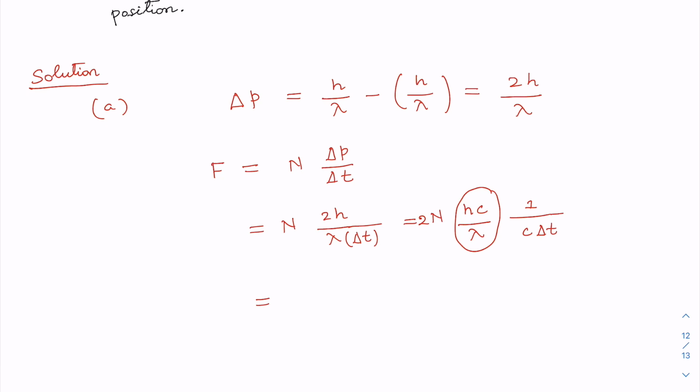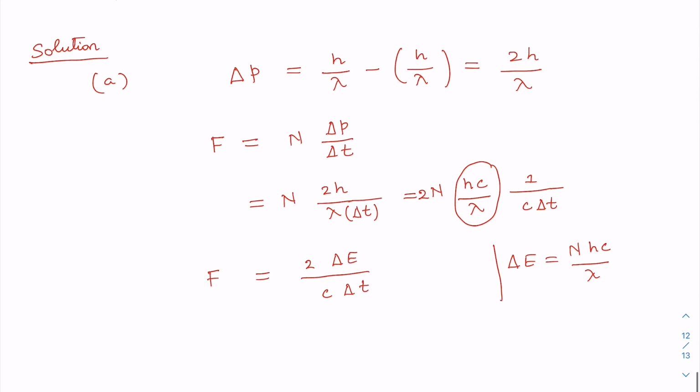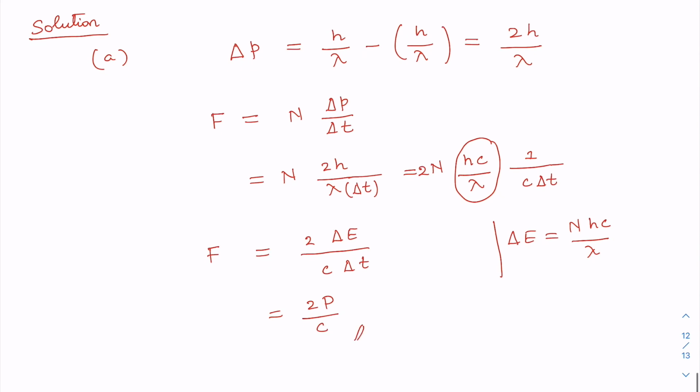So if I write delta E is equal to n into hc by lambda, then I can write force as 2 into delta E divided by c into delta t. Now energy per unit time is the power, so therefore I will have 2 into P divided by c. So this is the required answer.